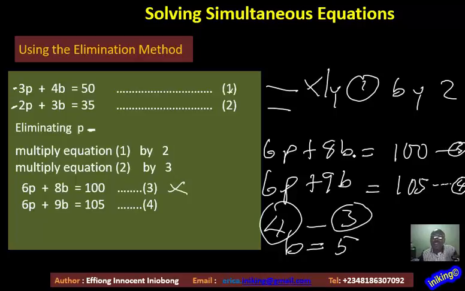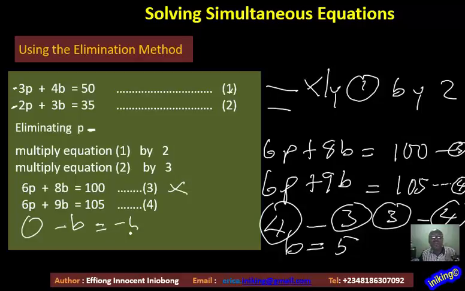As simple as that. Some other person might say, no, I want to subtract equation 4 from 3, that is equation 3 minus equation 4. Again, 6P minus 6P gives you 0P. That's gone. Then 8B minus 9B gives you minus 1B, and 100 minus 105 gives me minus 5.